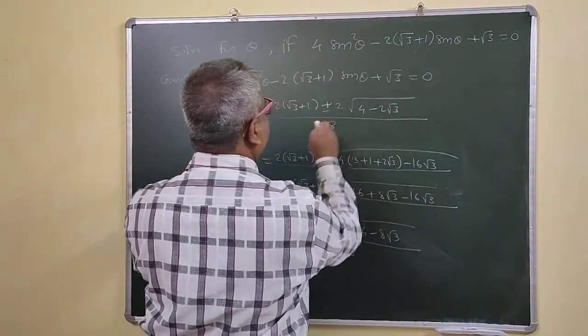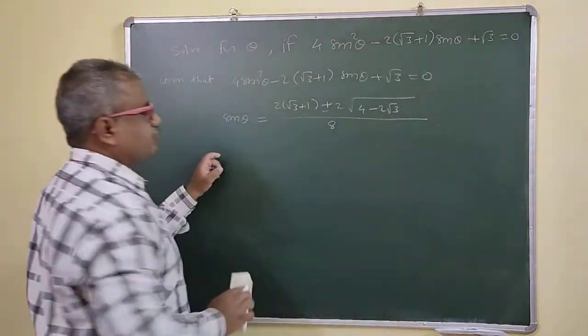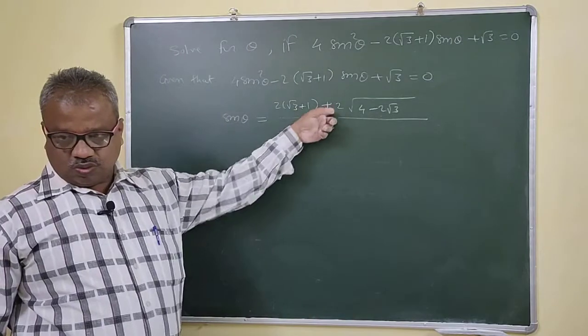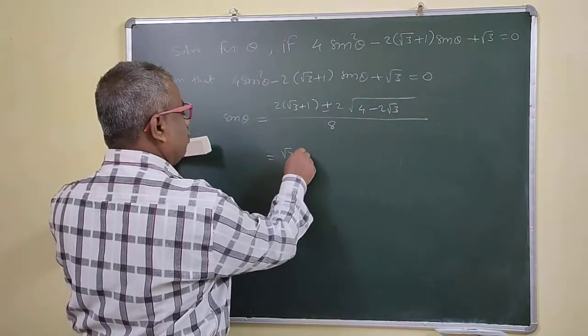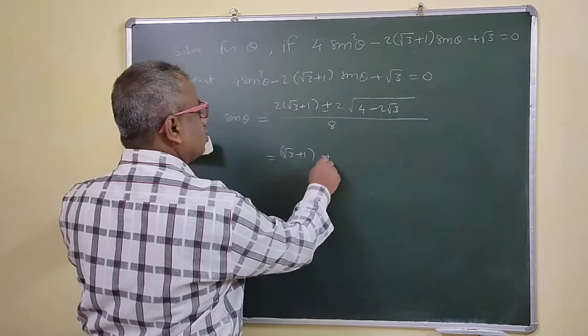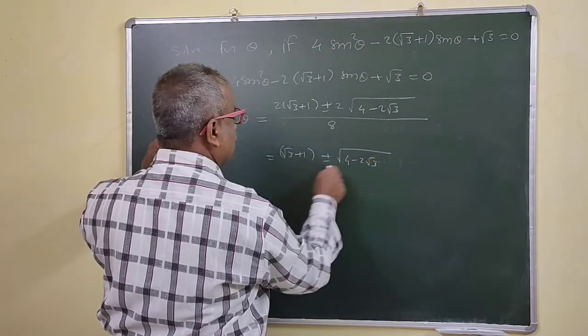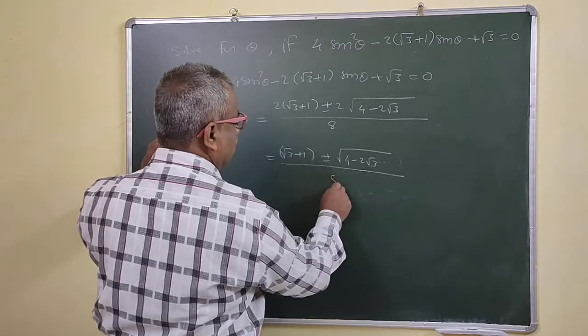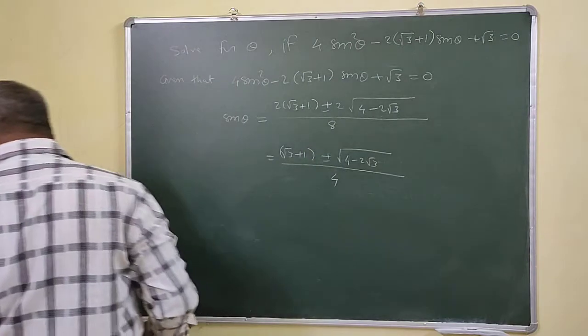Again you can remove this 2. So it will be 4 now. Okay, so this is root 3 plus 1 plus or minus root of 4 minus 2 root 3 upon 8 now, upon 4.